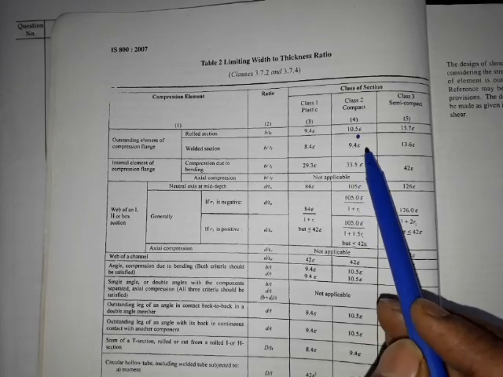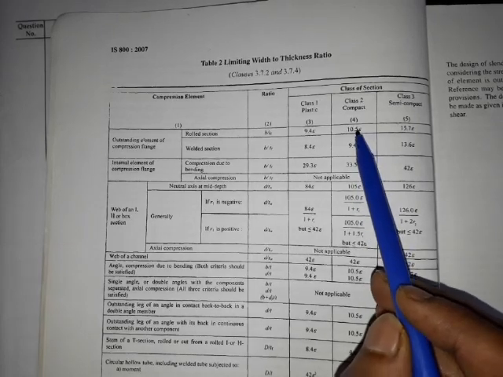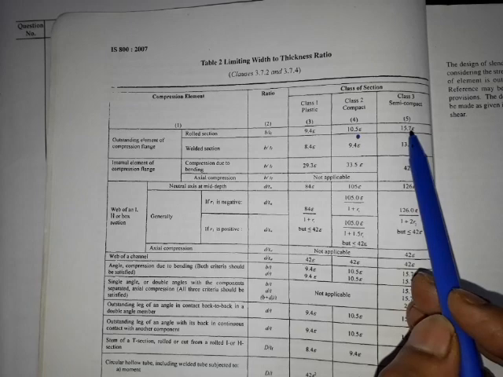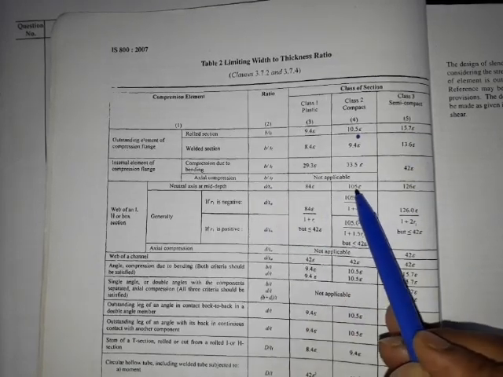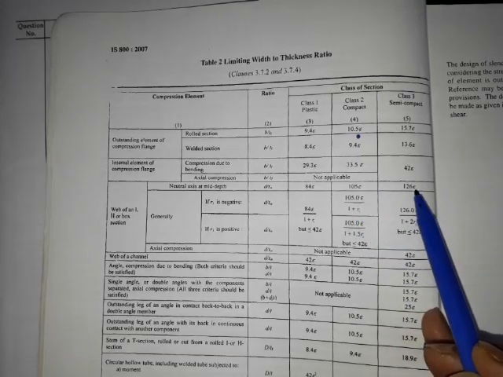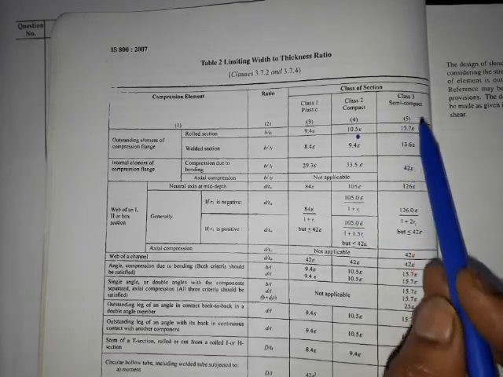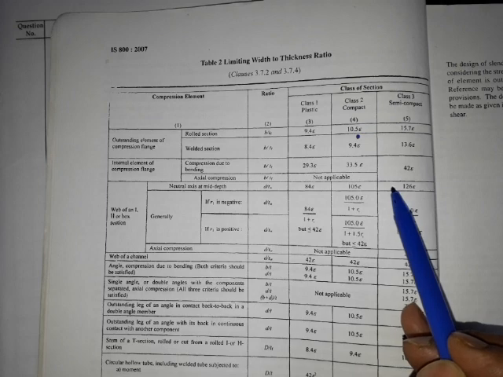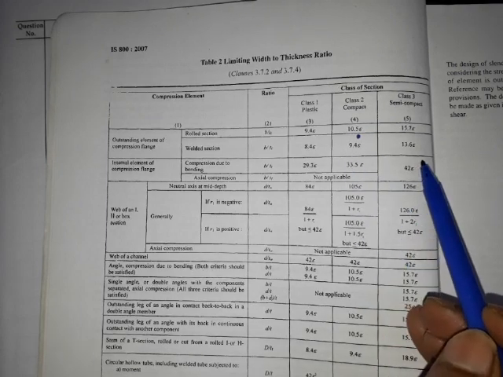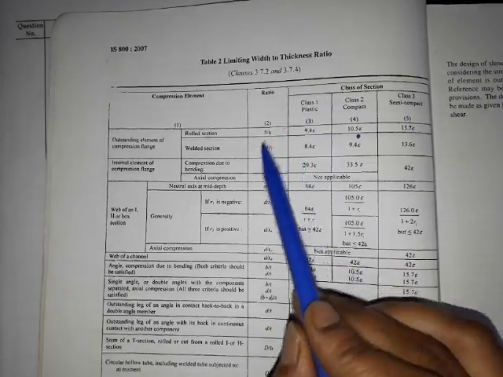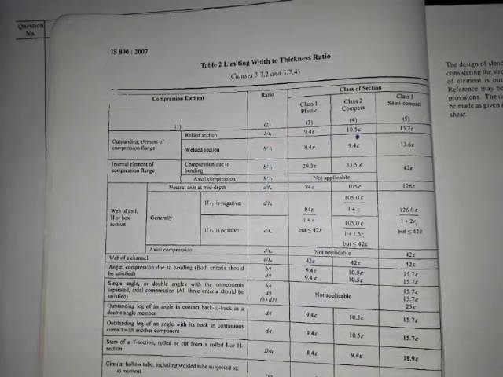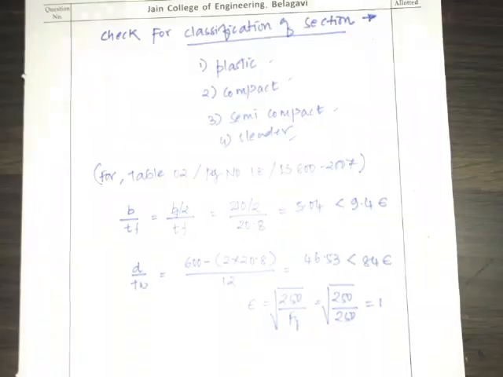Or if the first ratio is less than 15.7 and the second ratio, D by TW, is more than 105 and less than 126, then it comes under semi-compact. So this is the check for classification of section. Our section is a plastic section.